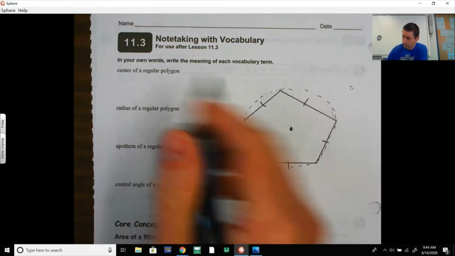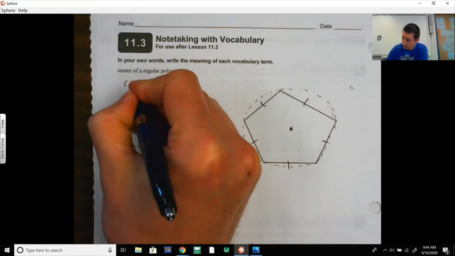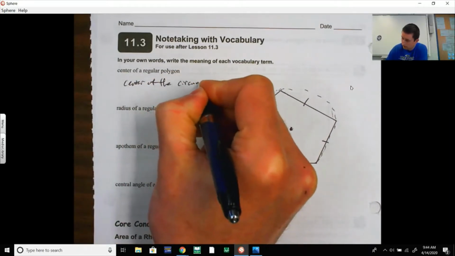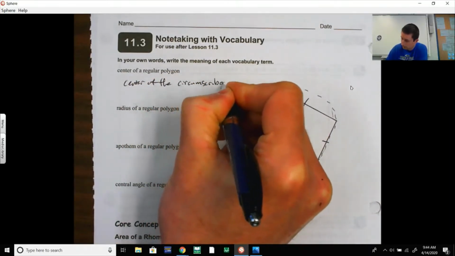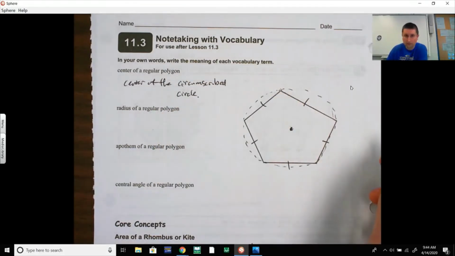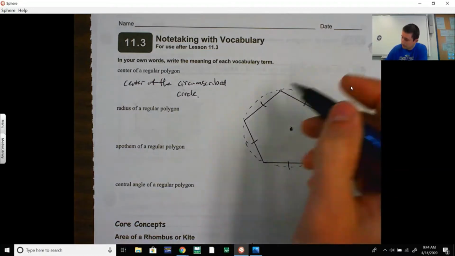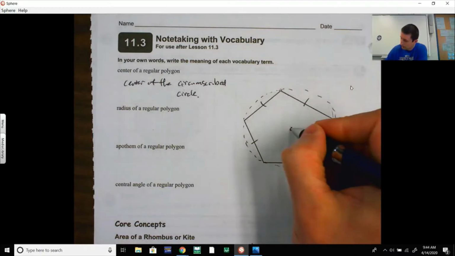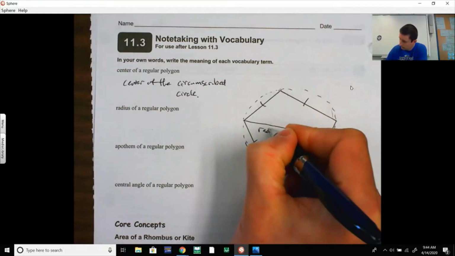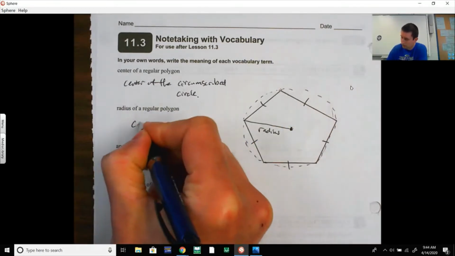So the center of the regular polygon, that is the center of the circumscribed circle. The radius of the polygon goes from here to a vertex. So the radius goes from the center to a vertex.